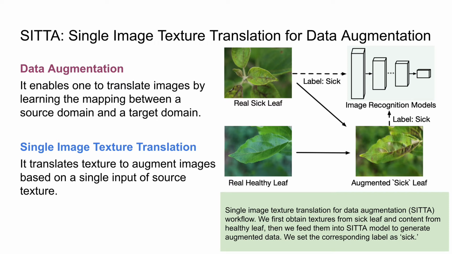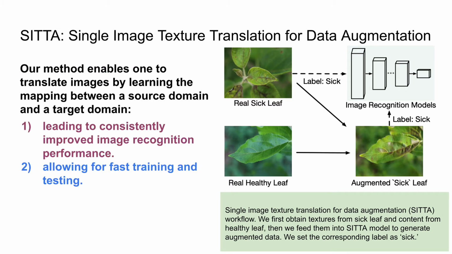It translates texture to augment images based on a single input of source texture. Our method has two advantages. First, it leads to consistently improved image recognition performance. Second, it allows for fast training and testing.